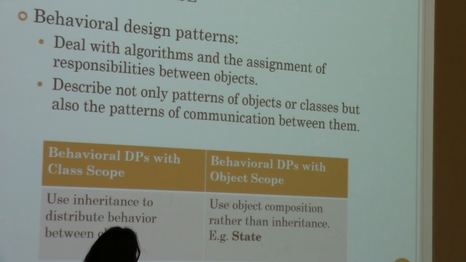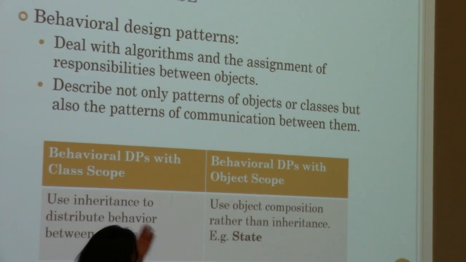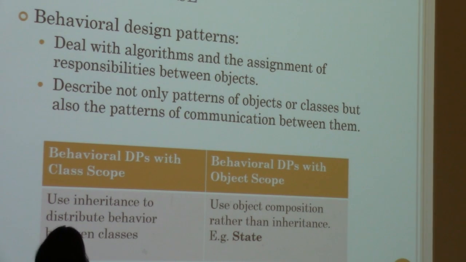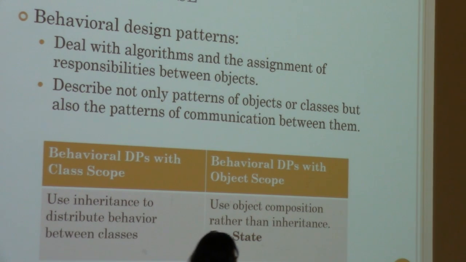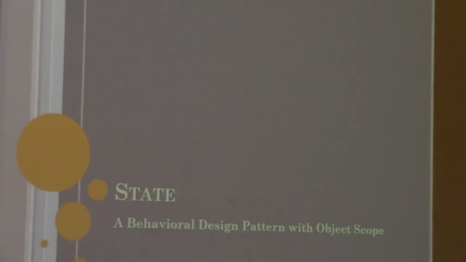We described not only patterns of objects or classes, which we did in structure, but also the patterns of communication between them, because that is part of the behavior. So again, in class scope, we use a lot of inheritance, and in behavioral, in object scope, we end up using a lot of object composition instead of inheritance.